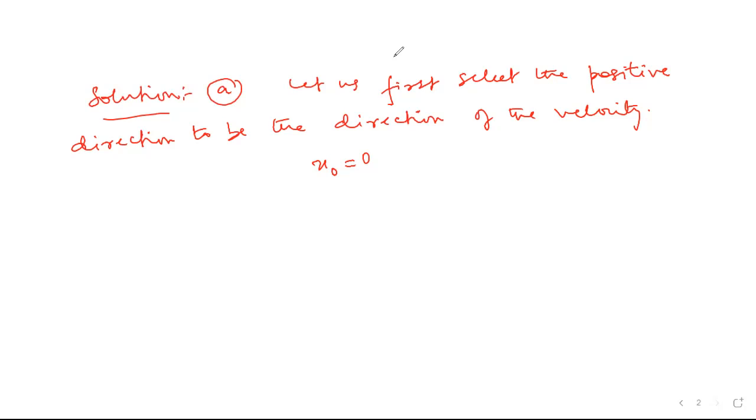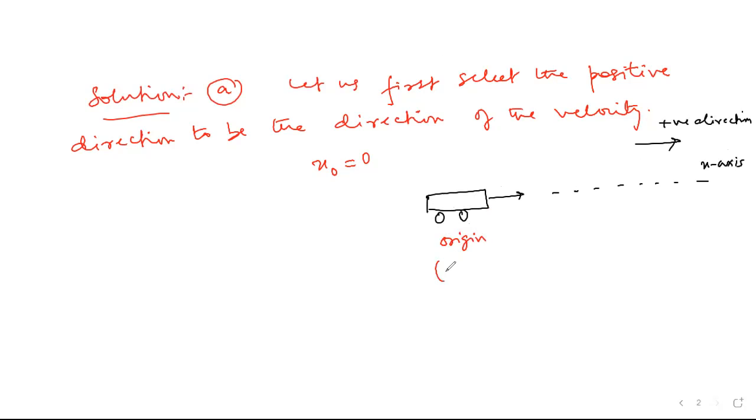So I will draw a diagram. The situation is like this. This is our car. It's moving to the right. So this is my x-axis, and this is my positive direction in the direction of velocity. I take origin here where I begin braking the car.